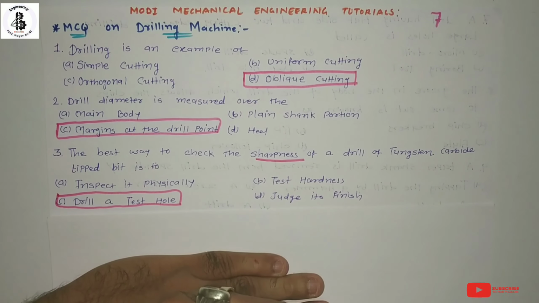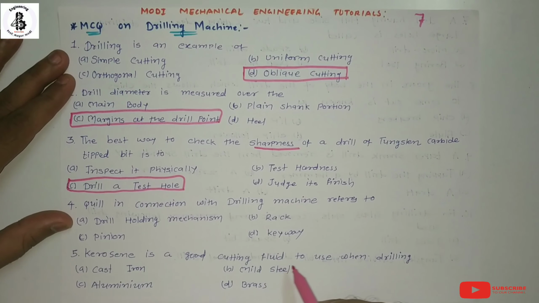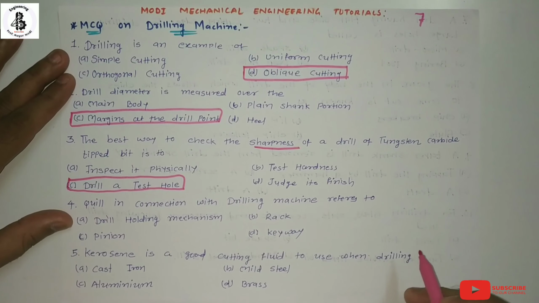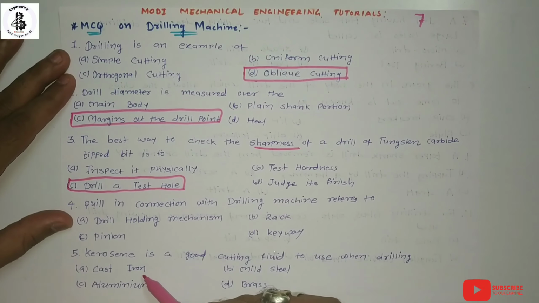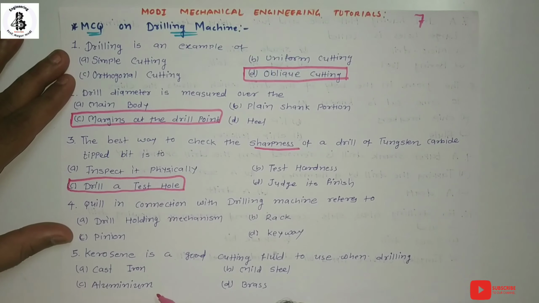answer. Then next question. Kerosene is a good cutting fluid to use when drilling option A cast iron, option B mild steel, option C aluminium, and option D brass.